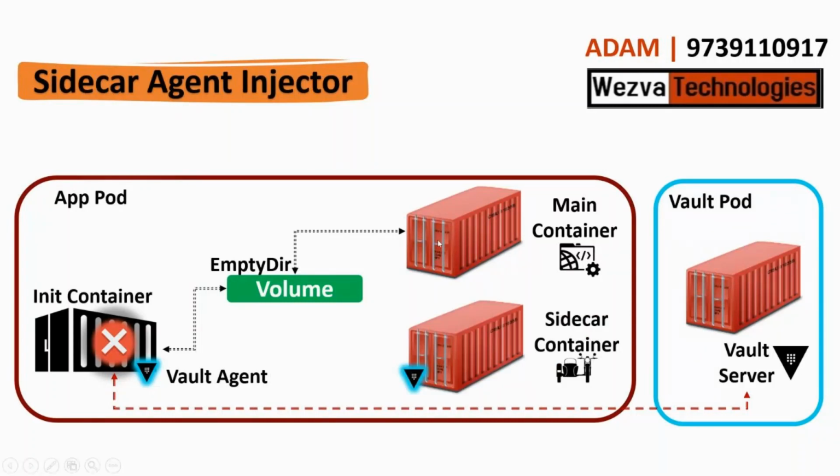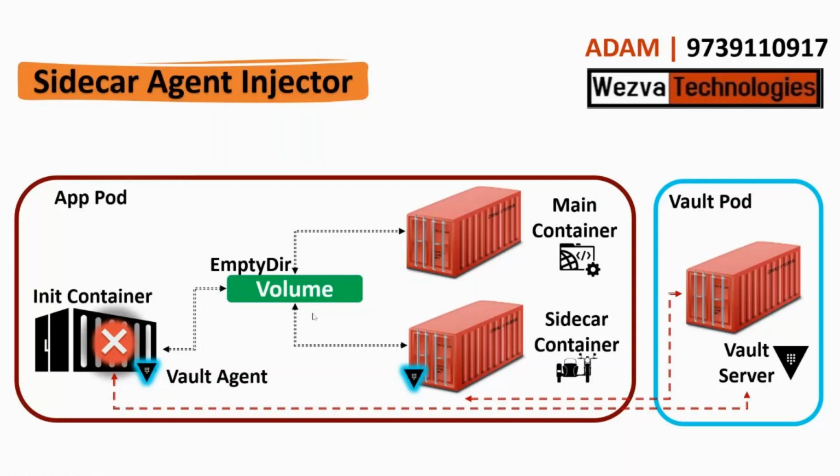We will have the same agent running as a sidecar container. So what is the purpose of the sidecar container? As I was showing you in the diagram, it will be running along with the main container always. The purpose of the sidecar container is to keep collecting the data from the vault server, and it will be updating the same volume that you have in the pod.